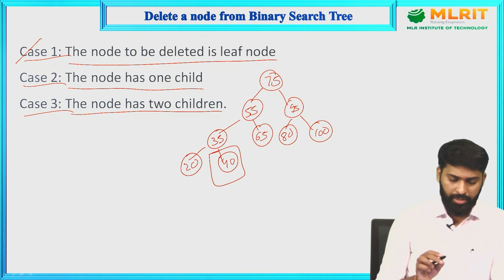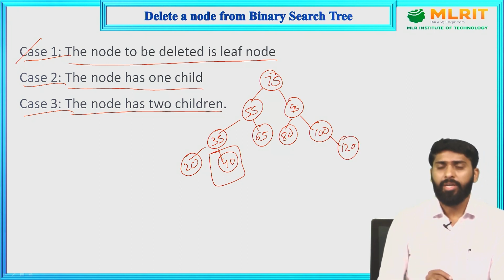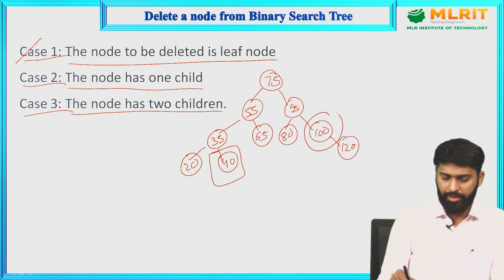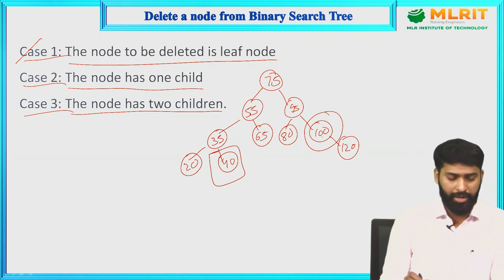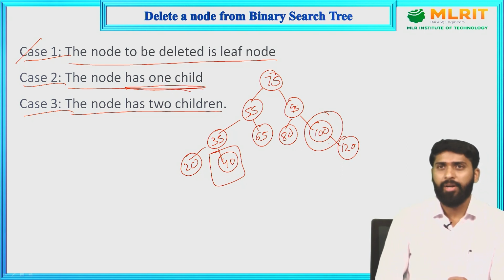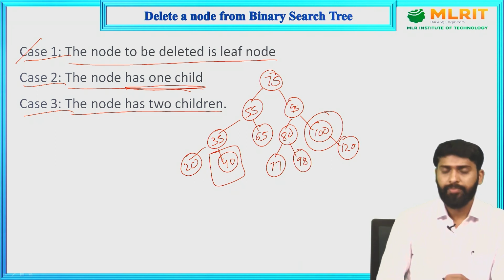Now for example here there is 120. If I try to delete 100, this comes under case 2. This node 100 has one child, so 120 is the child of 100. Now consider this example, 77, 98.